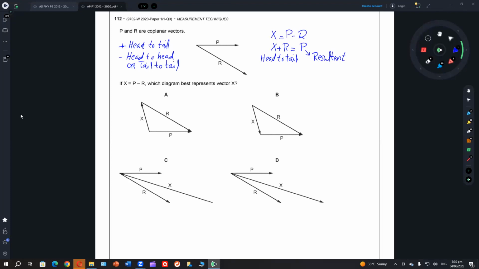B shows like the head to tail of X and R, giving a resultant. X and P giving a resultant. But they are not combining in the equation. How such a big vector is coming from them? If I join them, X plus R is equal to P. So A is showing like the head of X and the tail of R. X plus R, right.